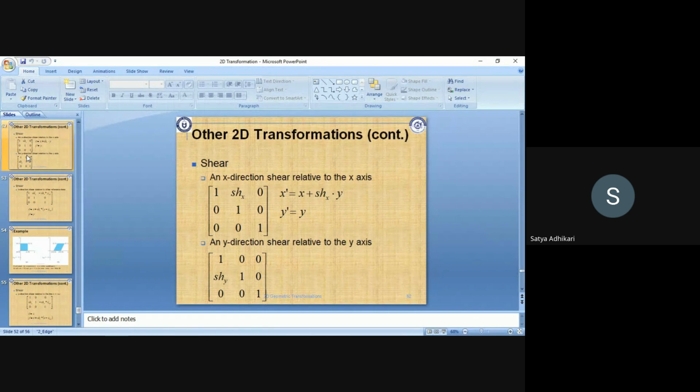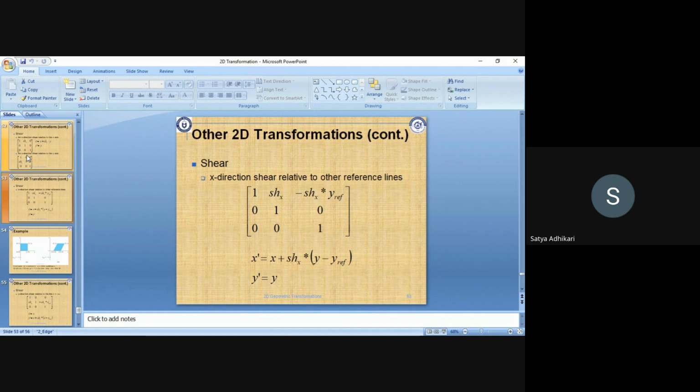Similarly, the y direction shear relative to the x axis is 1 0 0, SSY 1 0, 0 0 1. Let us see. And this is your x direction shear relative to other reference lines, if the line is not the x axis and y axis.